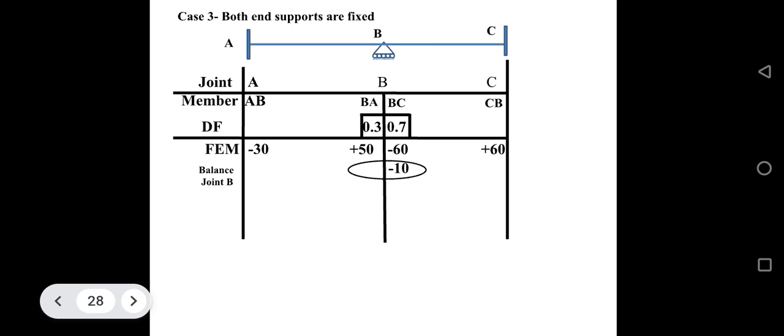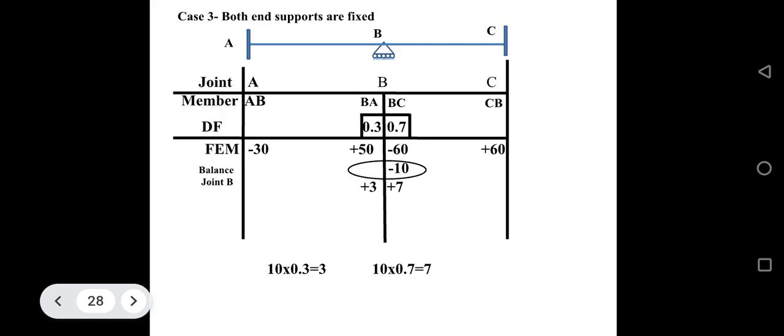So we will multiply this moment minus 10 with 0.3 and 0.7, but while we write the moment, we will write it with opposite sign. Instead of minus, on both sides we will write plus. So 10 into 0.3 is 3, 10 into 0.7 is 7. You can observe the sign of the unbalanced moment is minus, and therefore when we balance it, it will balance with the opposite sign.